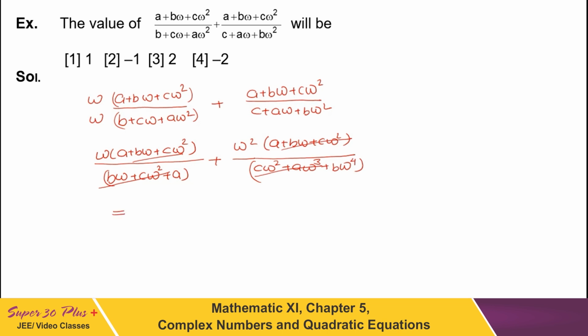What is the remaining part? The remaining part is ω + ω², and the value of ω + ω² is minus 1. So our answer is minus 1, option 2 is correct.